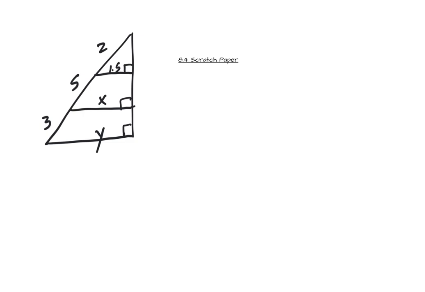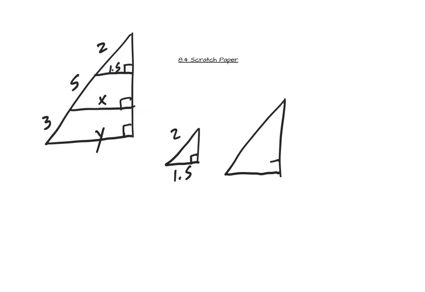And so I'm going to start with the small one up top. So we have sides of 2 and 1.5. This is what we call the hypotenuse, and this would be like the bottom side of the triangle. Okay, and then I'm going to do a medium-sized one, and then a big one.